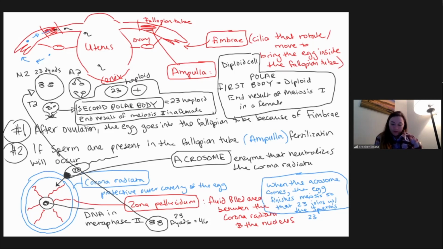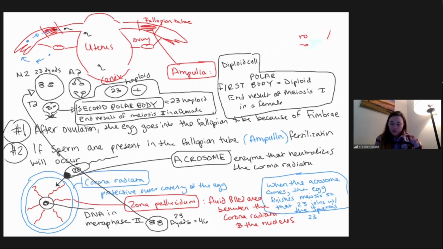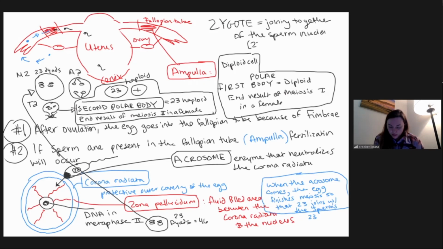Okay, so maybe up here. A zygote is the union of the two nuclei, the sperm nuclei and the egg nuclei. So a zygote is the joining together of the sperm nuclei, which has 23, it's a haploid, and the egg nuclei, which is 23 haploid.